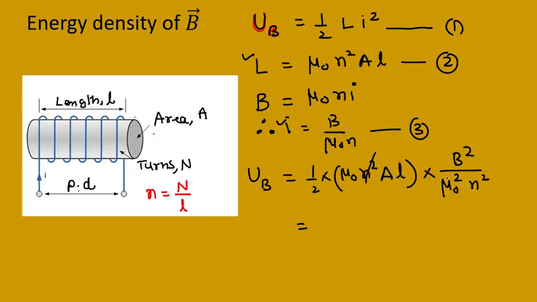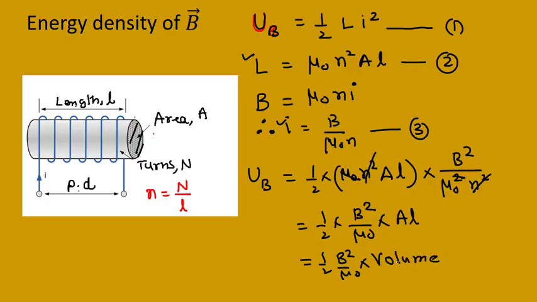If I simplify this, n squared will be gone, one mu naught will be gone, and there will be one mu naught left over here. So we'll be left with half B squared by mu naught into area into length. This cross-sectional area into the length would be the volume. So I would write this as half B squared by mu naught times volume.